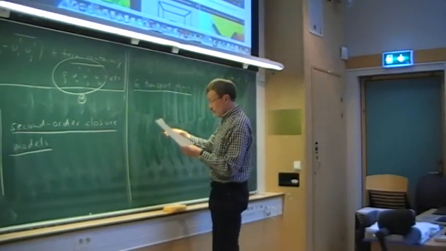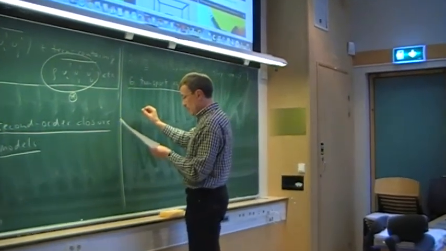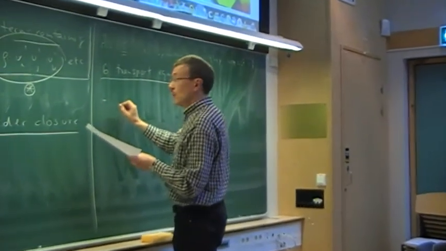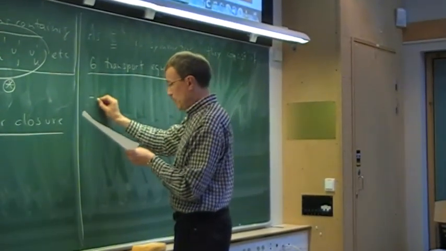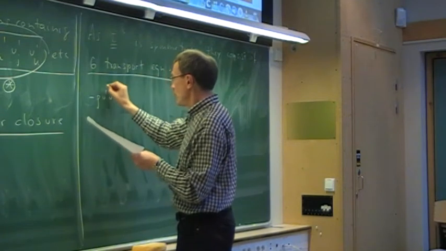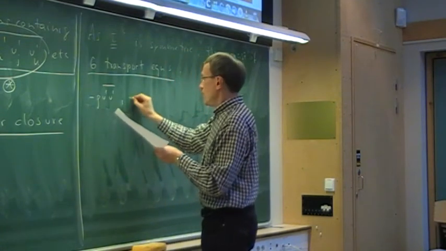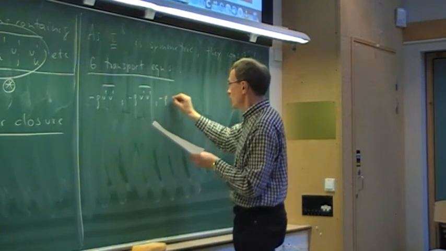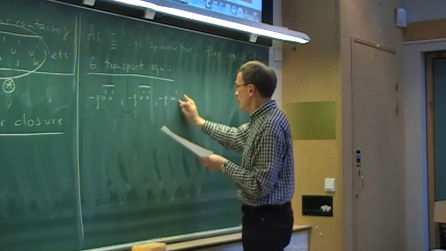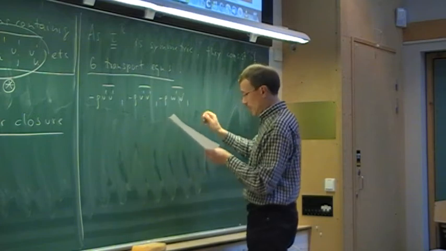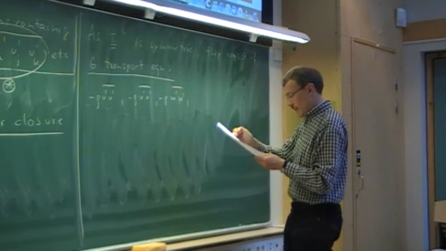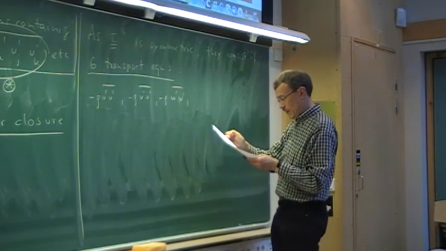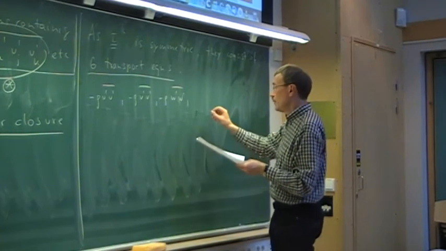And then we get finally these transport equations. We get them for the components in the diagonal. That is minus rho u prime squared, minus rho v prime squared, minus rho w prime squared. And then we get it for the off diagonals.